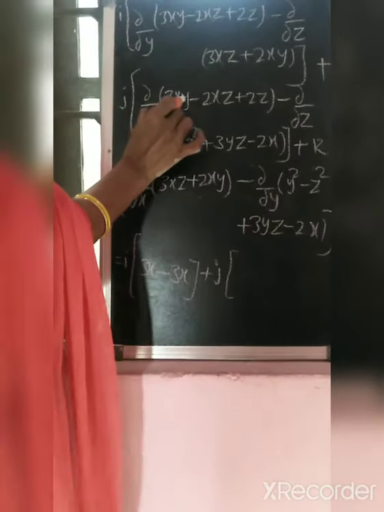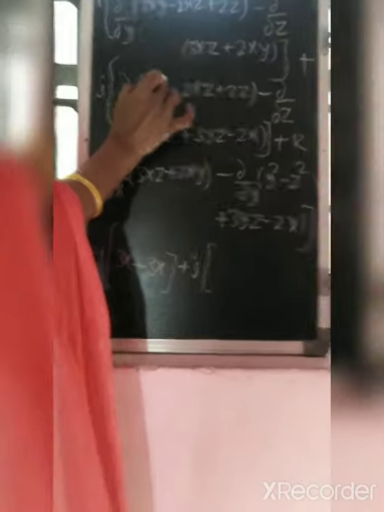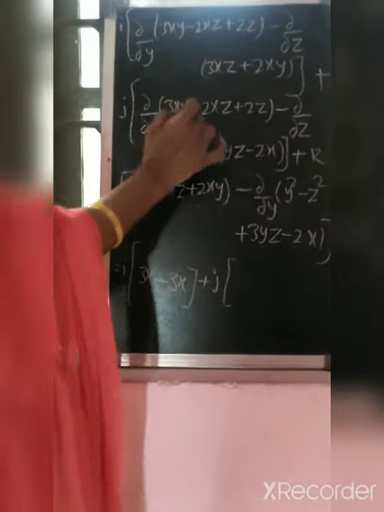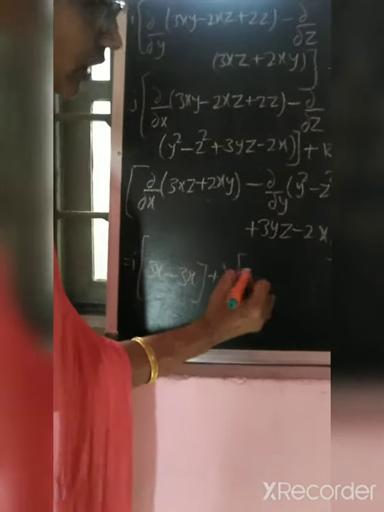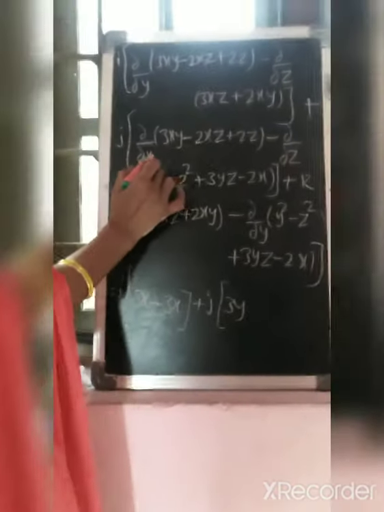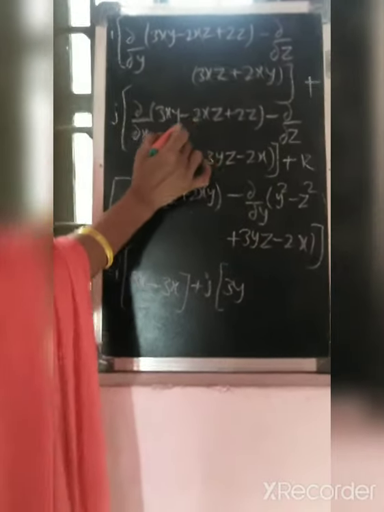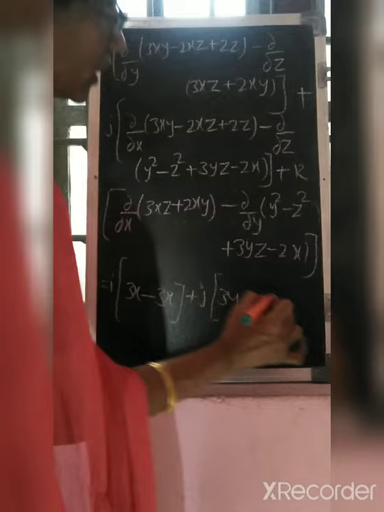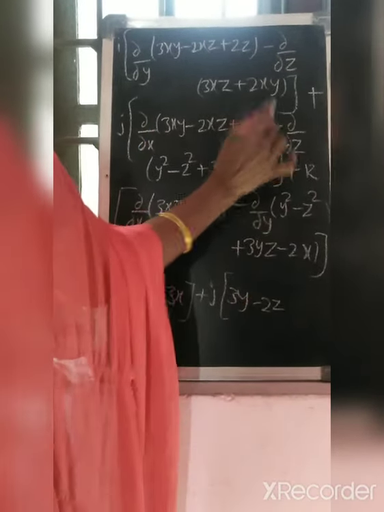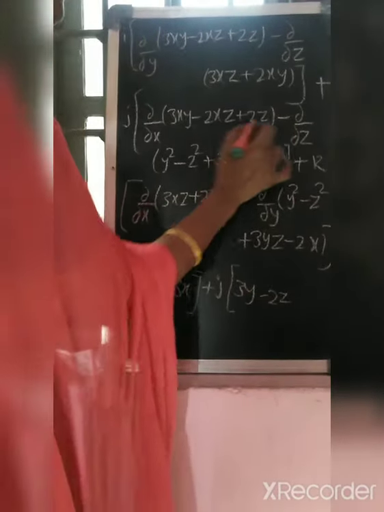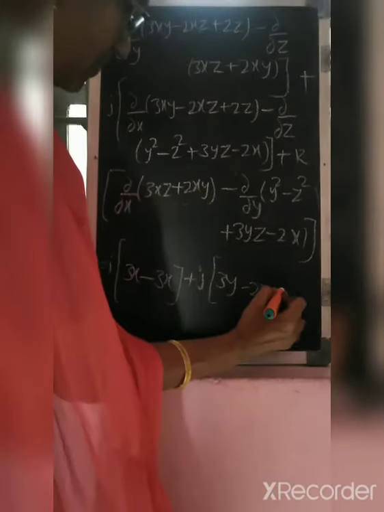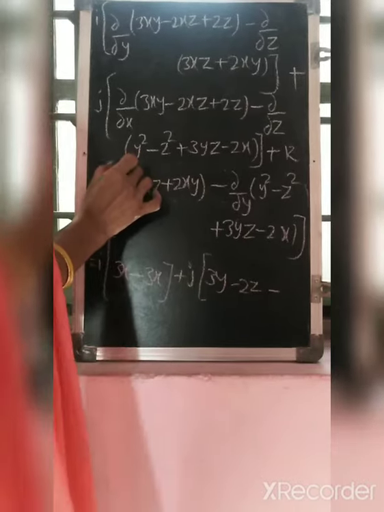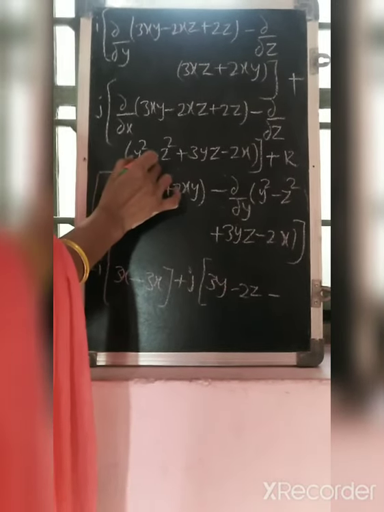Next plus j into dou by dou x of this term. Here 3xy, in this 3y is constant and x with respect to x is 1, so that is 3y. And minus 2xz, here x is 1, so minus 2z. And 2z is 0. Next minus dou by dou z of y square is 0 and minus z square.